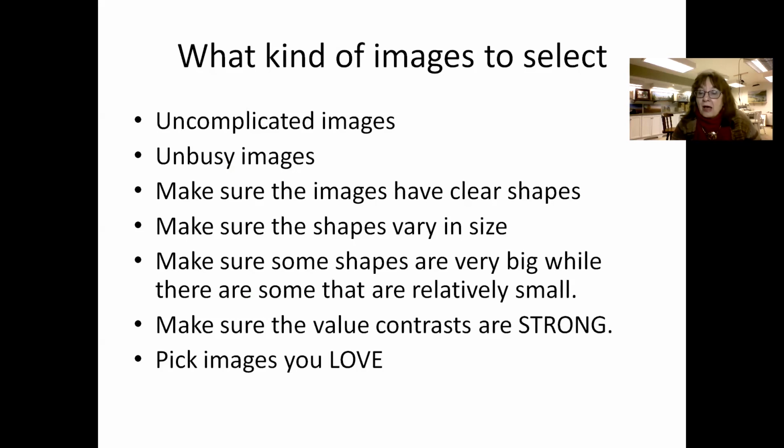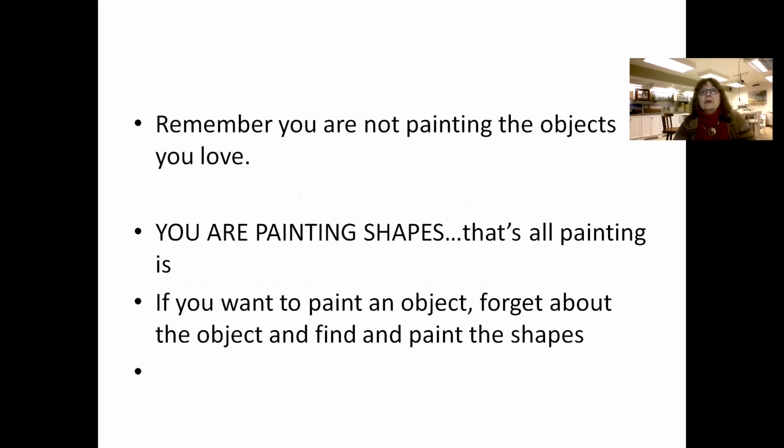Pick images you love. Remember, you are not painting the objects you love, though you will end up painting the objects you love. You are painting shapes. That's all painting is. It's all about shapes. If you want to paint an object, forget about the object and find and paint the shapes.